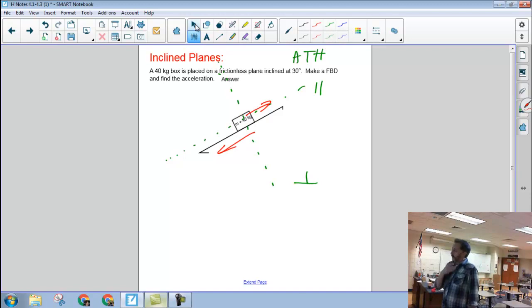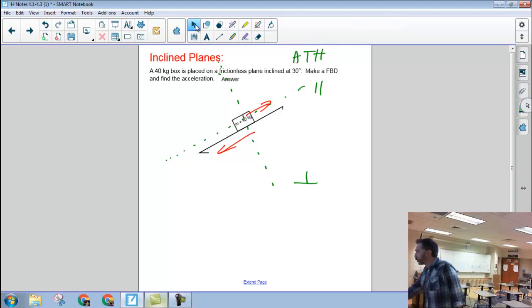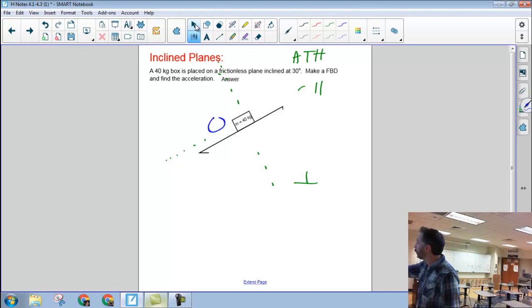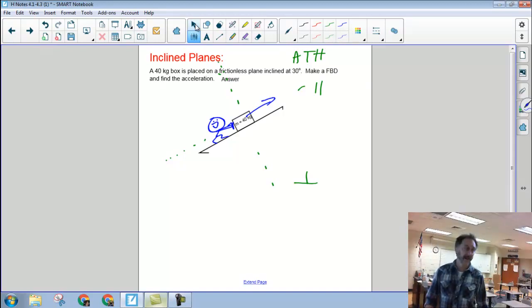Okay? Secondly, if somebody's trying to push the box up the ramp, let's suppose Roy is here. So here's Roy. Hello. So there's Roy pushing the block. Presumably, he's going to push parallel to the ramp, right? So most of our forces and our motion are going to be along this parallel axis, okay?